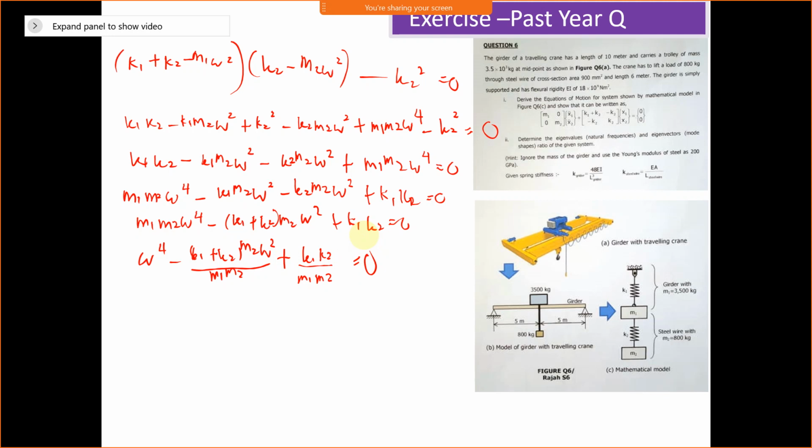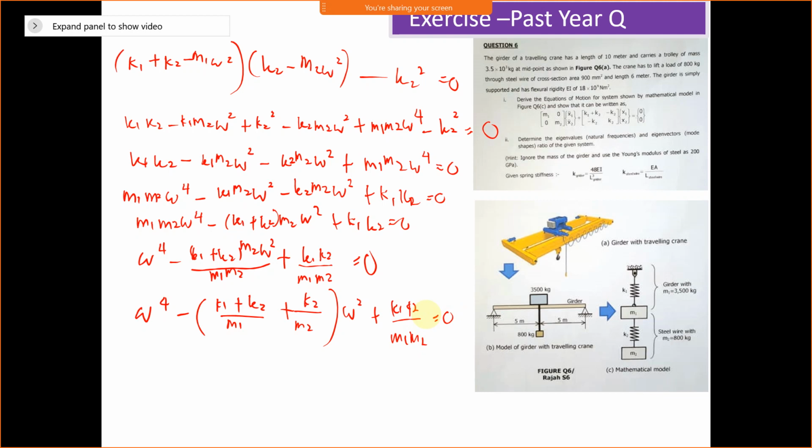Then simplifykan lagi, so kita akan dapat omega to the power 4 minus K1 plus K2 over M1 plus K2 over M2 omega square plus K1 K2 over M1 M2 equals to 0. Okay, boleh.